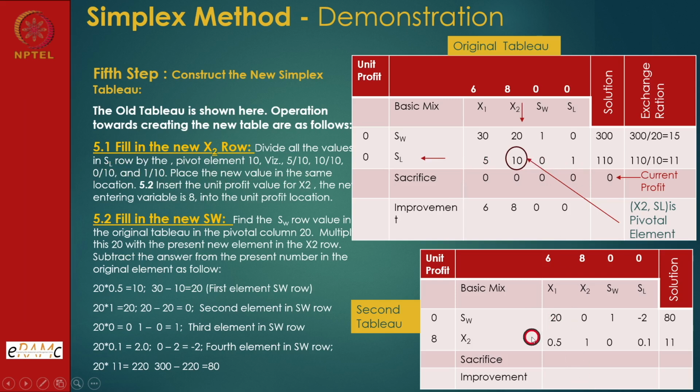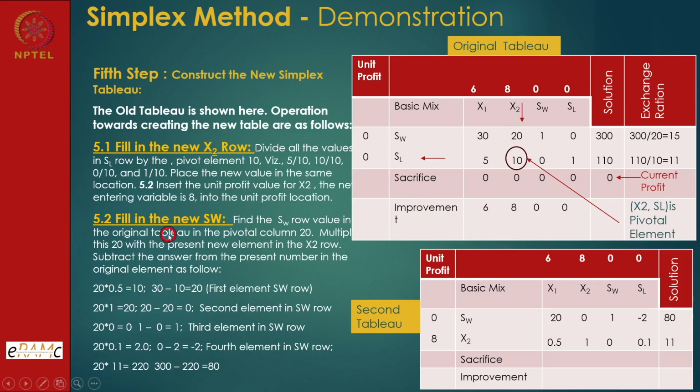So this new value has come, and now the variable itself got replaced in the basic mix. This is x2 now, and the element 8 has come here. We discussed how the unit profit has increased with 8.